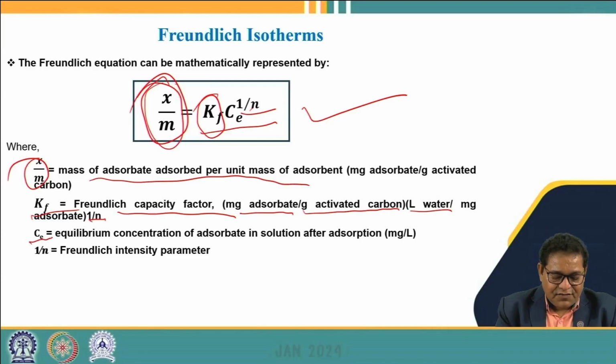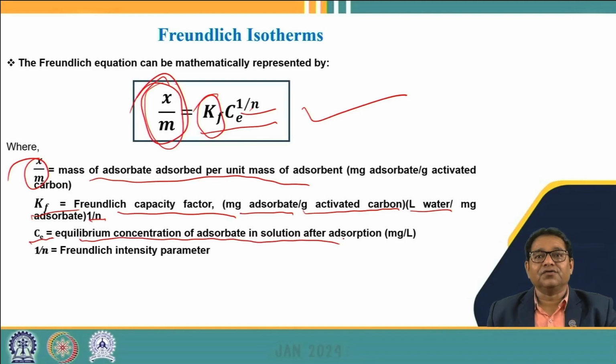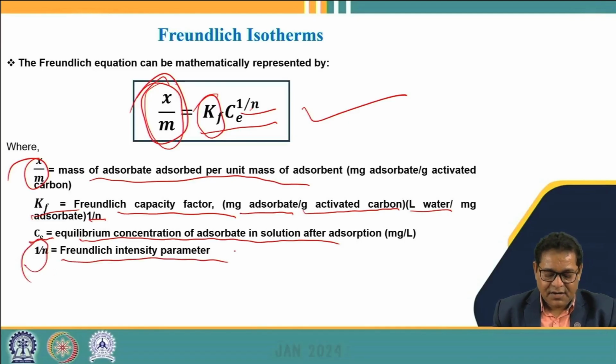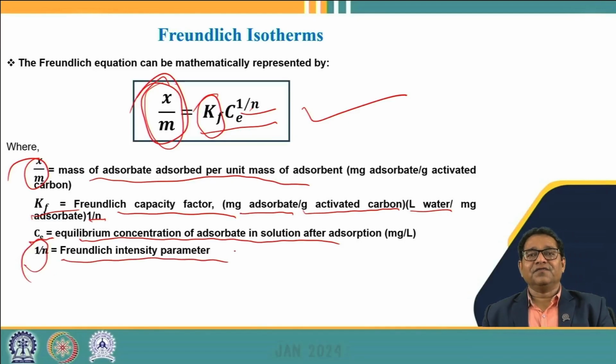Ce is the equilibrium concentration of adsorbate in the solution after the adsorption is over, and 1 upon n is the Freundlich intensity factor.